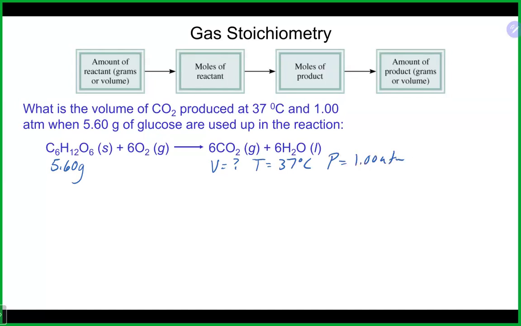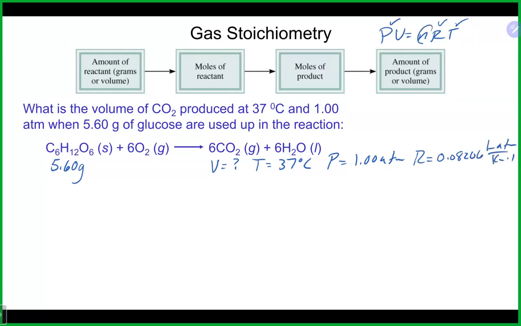So if we think about the CO2, which is a gas, and we think about PV equals nRT, we do have the temperature, we do have the pressure, and we always have R. Once again, R is always available to us, even though it's usually never given in a problem.